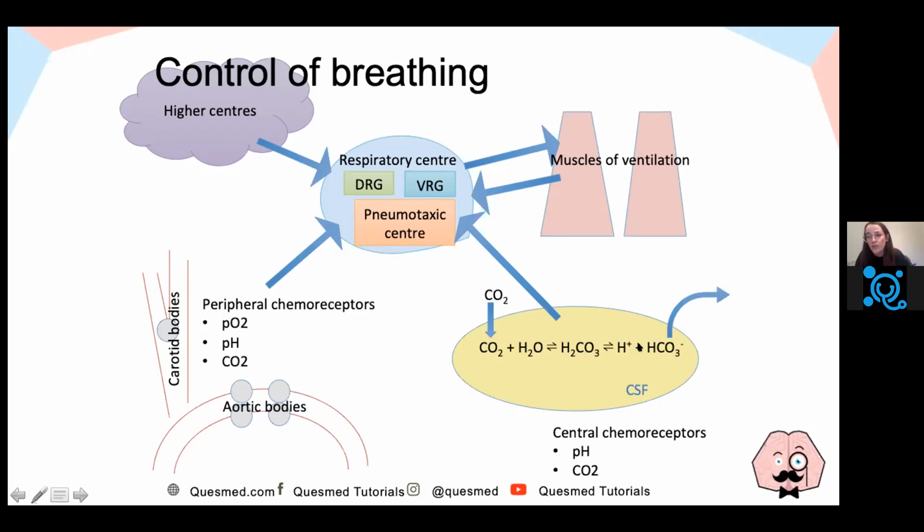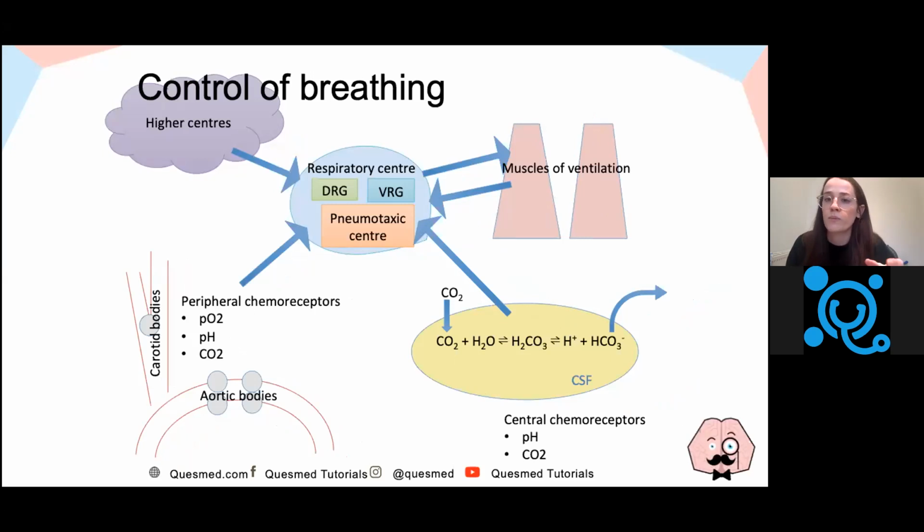You've got things like phosphate and other things that can buffer the CSF. Because of this buffering, your central chemoreceptors can't respond to a low pH because the CSF is being buffered, and so the pH becomes normal.